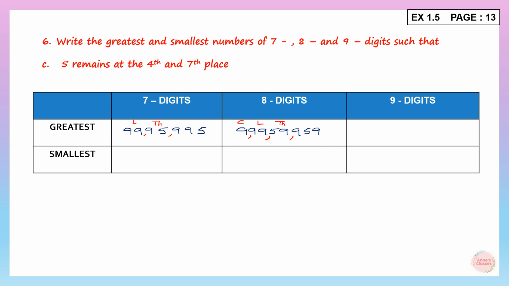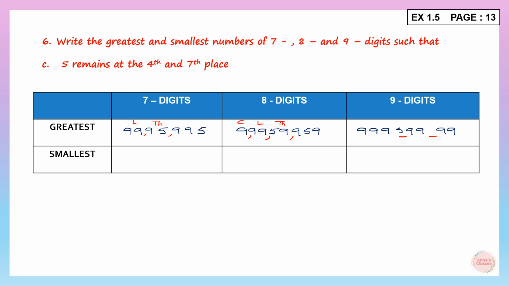Next we should write the greatest 9-digit number. That means 9 nines. 1, 2, 3, 4, 5, 6, 7, 8, 9. And in the 4th and the 7th place, we have to put 5. So 1, 2, 3, 4. This is the fourth place. So let's underline. And then the seventh place, 5, 6, 7. This is the seventh place. So in these two places, we're going to replace the 9s and put 5 instead.